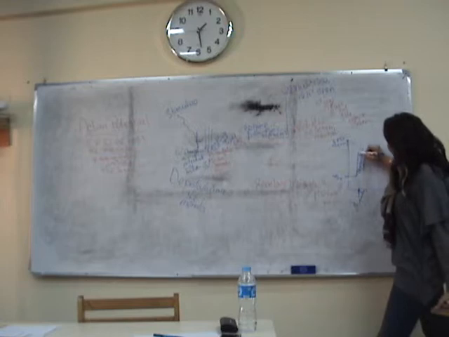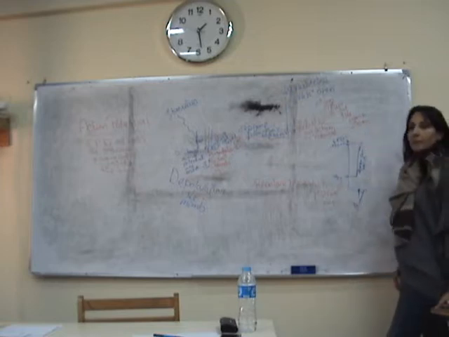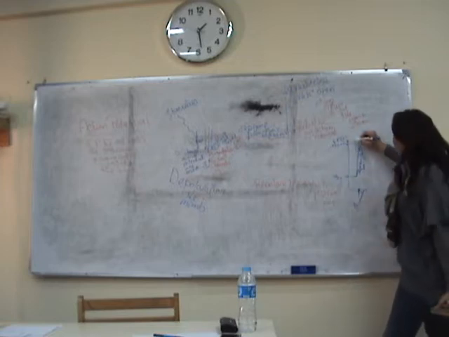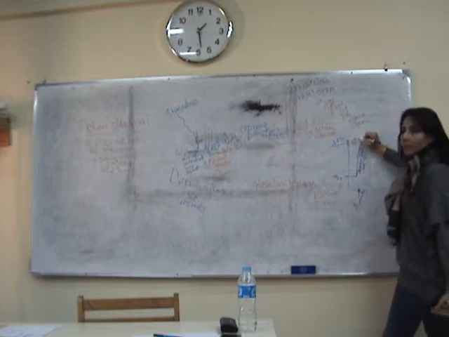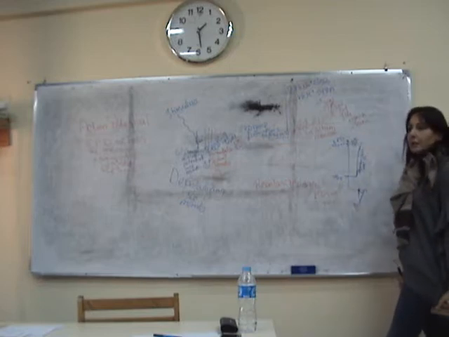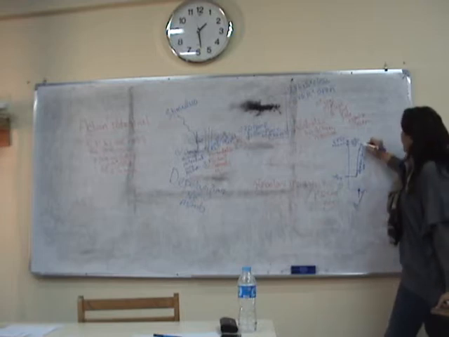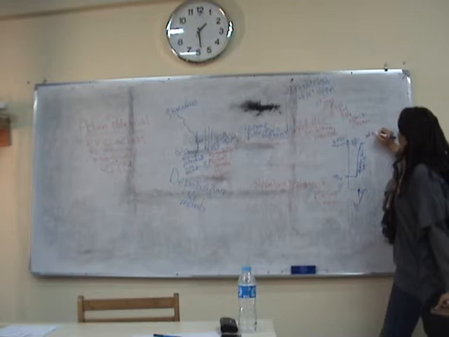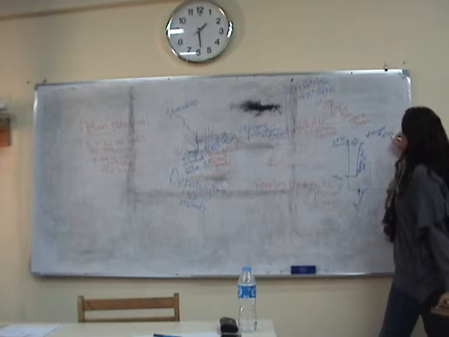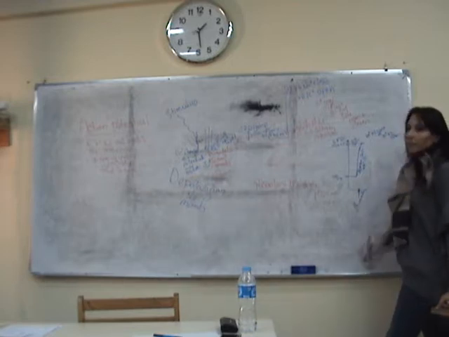The depolarization continues until it reaches the value of positive 40. Once I reach positive 40, this is action potential. Action potential is generated. Once we reach positive 40, at this point, sodium ion voltage-gated channels close and potassium ion voltage-gated channels are going to open.